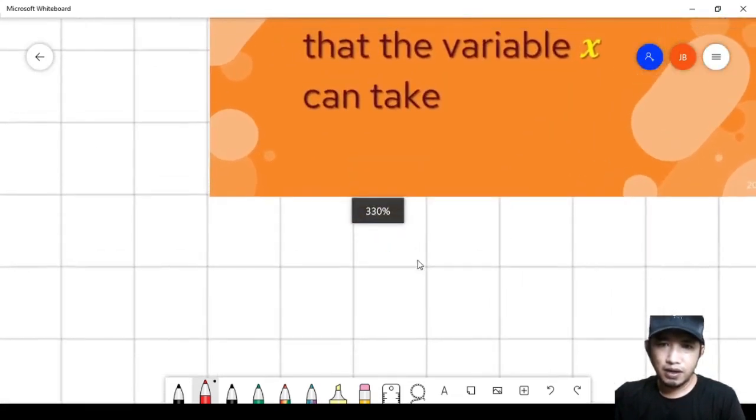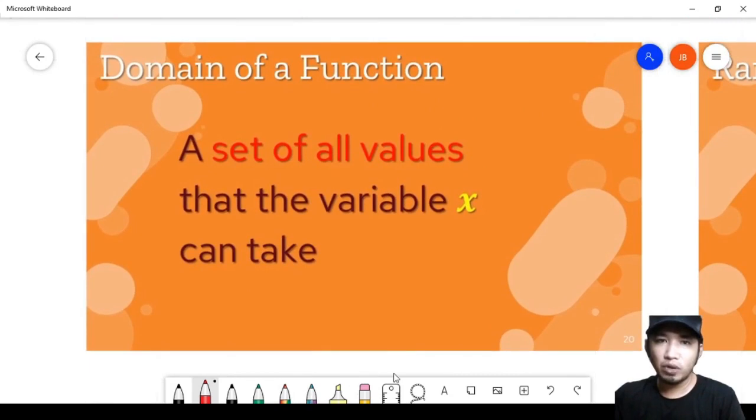Okay. Let's proceed to the definition of a domain of a function. A domain of a function is a set of all values that a variable x can take. Take note, a variable x can take. So, lahat daw ng values na pumapasok kay x, that is called the domain of the function. Alright?